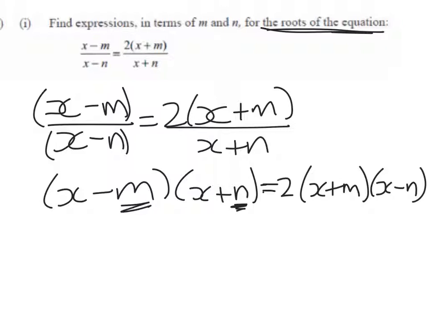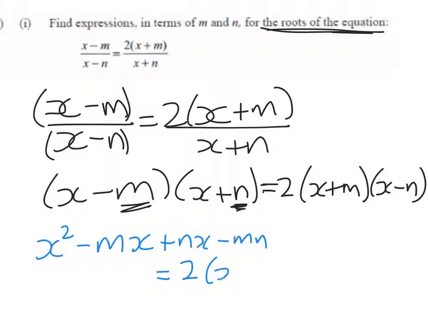In other words, we treat them as constants. So it's going to look like this. Left hand side will be x squared minus mx plus nx minus mn. And that equals 2 times x squared plus mx minus nx minus mn.